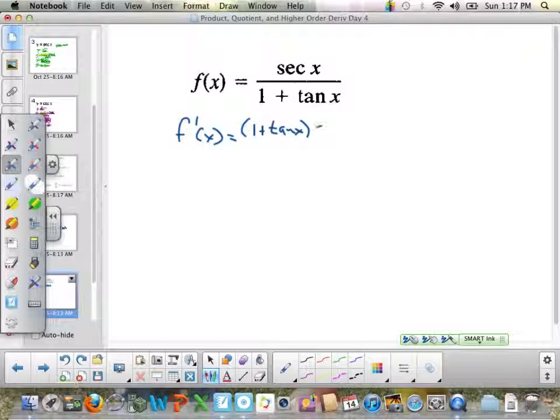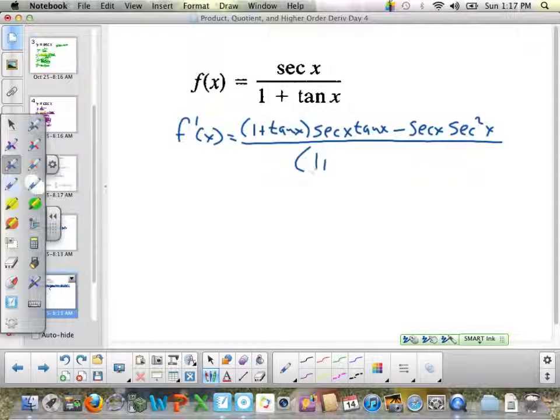The derivative of secant is secant tangent, so secant x tangent of x, minus the top times the derivative of the bottom, and then we got 1, which is a constant, so that's 0, plus the derivative of tangent, which is secant squared of x, all over 1 plus the tangent of x squared.